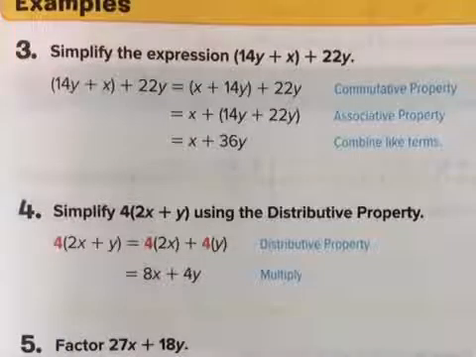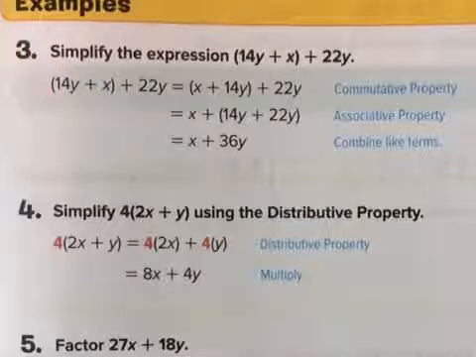And now we're going to start using the properties that we learned about in the previous lessons. Commutative property, okay, to change the order, and it doesn't affect our product or our sum. And associative property, to associate them, to put them into groups, and then find and combine the like terms. So here we have, for example, 14y plus x plus 22y.